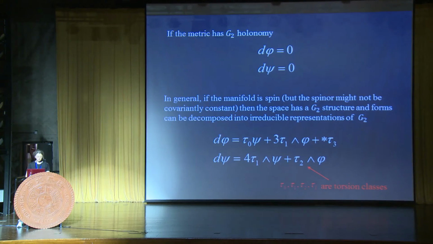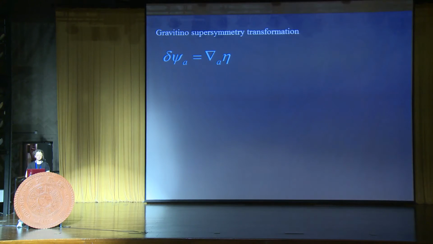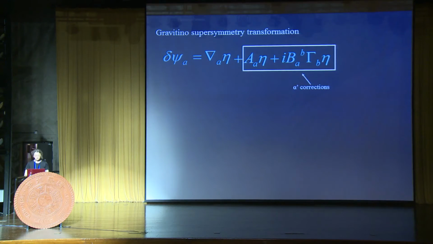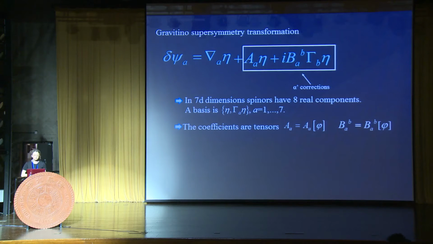So let's talk about the leading order correction. So here's a gravitino supersymmetry transformation to order alpha prime to the 0. Now, corrections can always be expanded in a basis in the space of spinors in this way. So A and B are some tensors. Usually we would think about these as written in terms of Riemann tensors, but again, the metric is not something fundamental, but phi is.